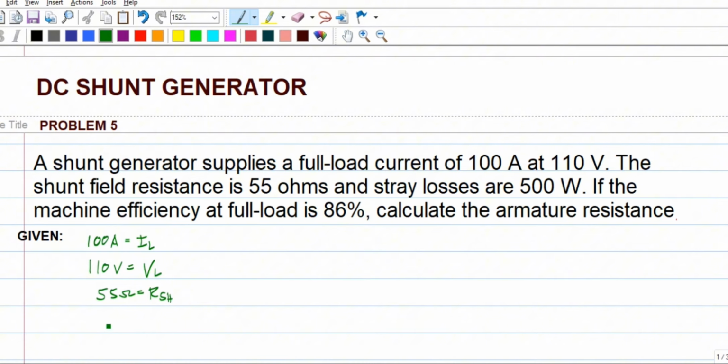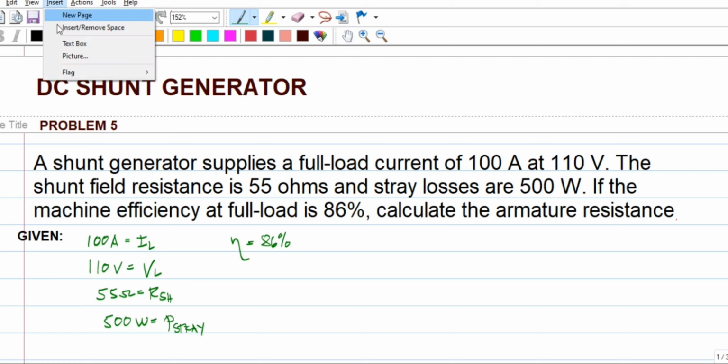Stray losses, or the P stray, is equal to 500 watts. Later we will draw the power flow diagram. And also the machine efficiency at full load is equal to 86%. Now what is required in this problem is the armature resistance.